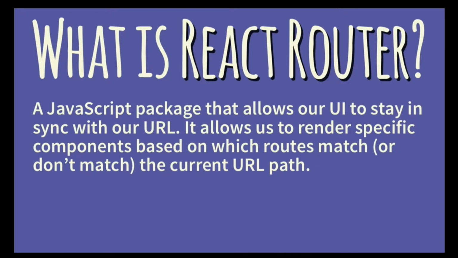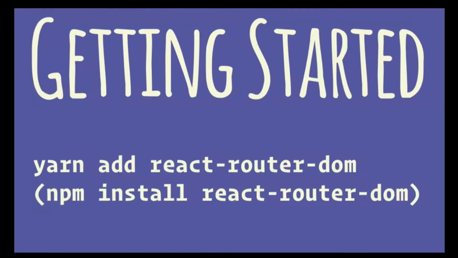But with React, we're building single-page sites, meaning there's only ever one actual page, index.html. But we can click on things, the URL changes, and the UI changes too. But you're never technically leaving that page. So that's what the router gives us. It gives us a way to translate the URL into basically which components should be on the page at the time. So that's what we're going to learn how to do.